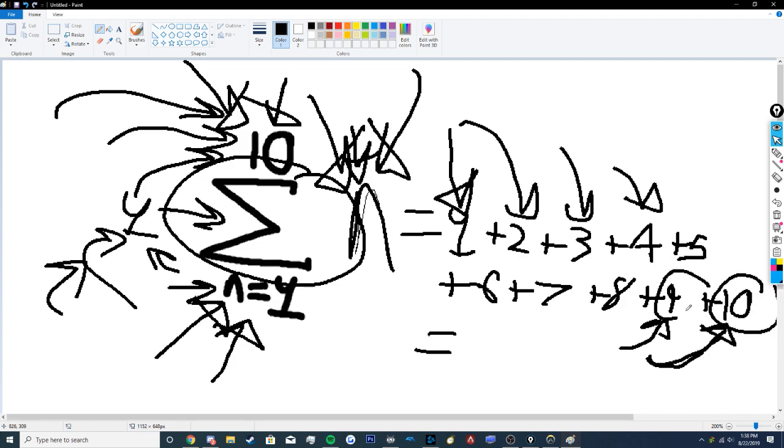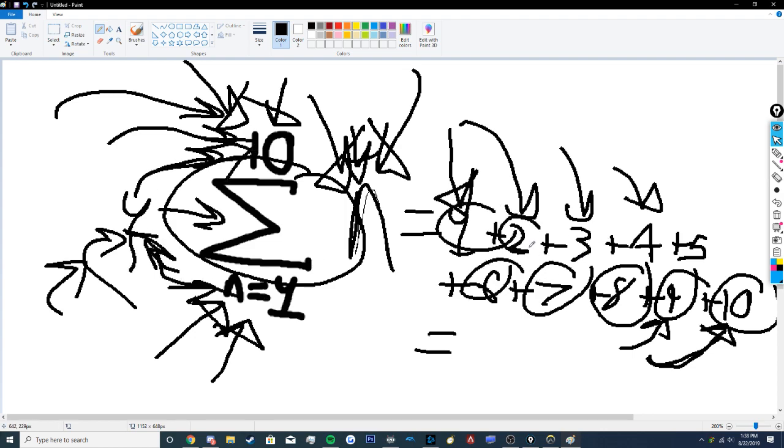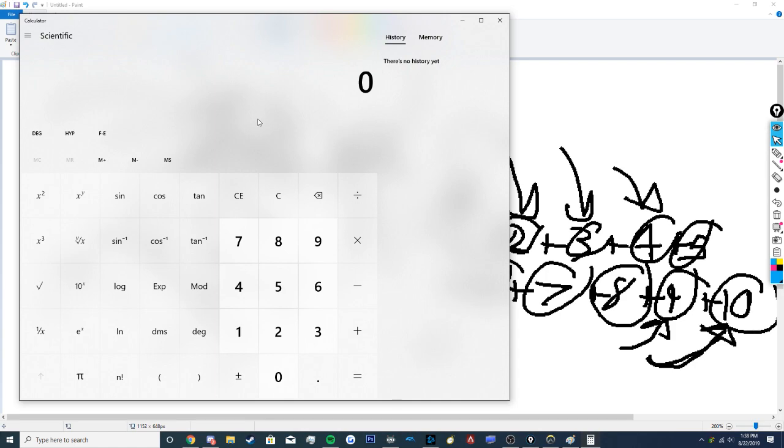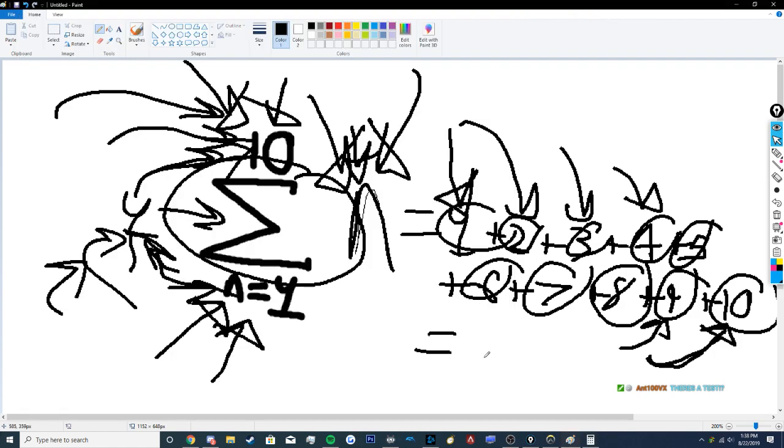It's the sum of that function with that variable changing, incrementing by 1 each time until it reaches the limit. This will be on the test. So, because I'm lazy, it's 55.